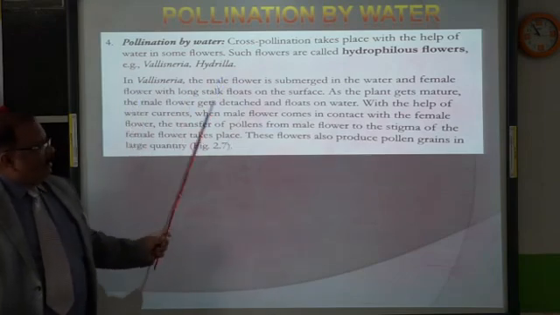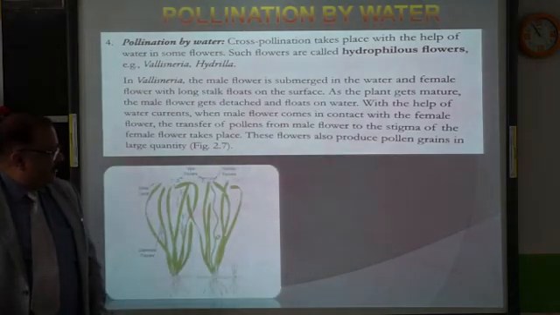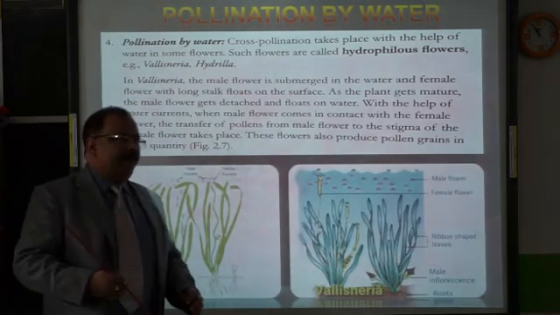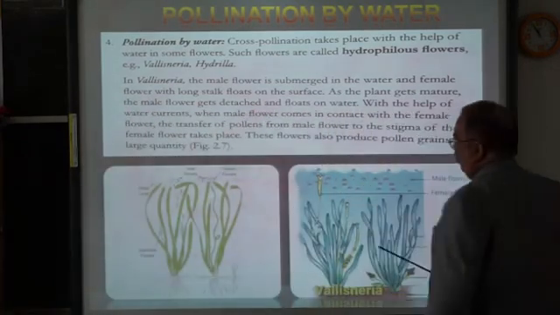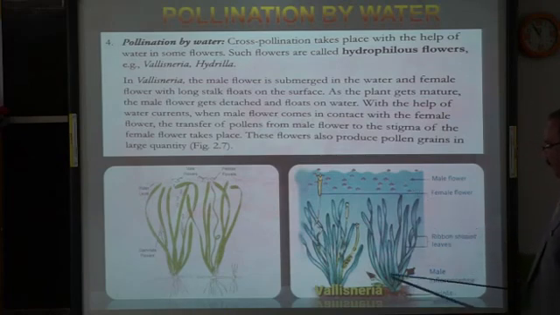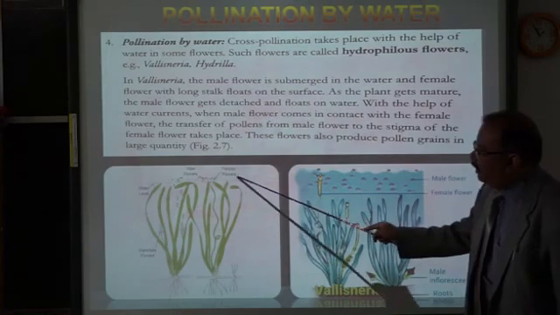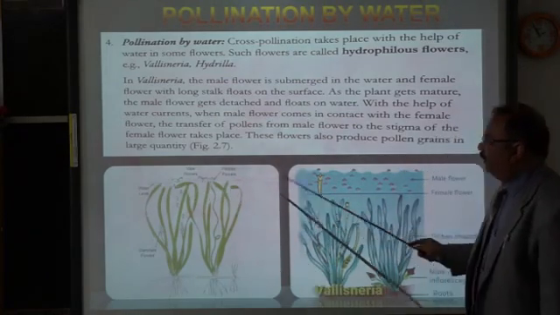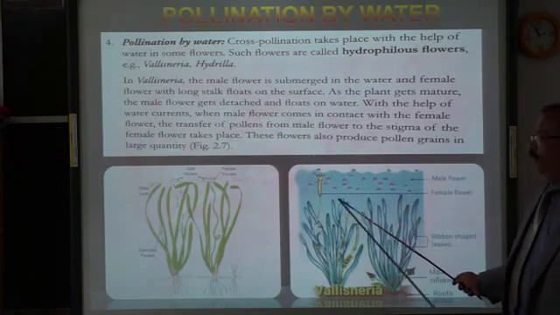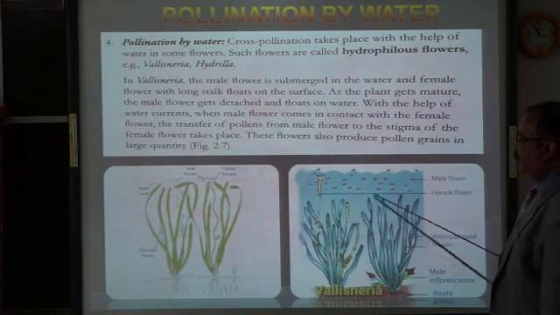In Vallisneria, now look here. This is the plant of Vallisneria, the aquatic plant. So you can see the ribbon-like leaves are there, okay? And the red ones which you see here, these are the flowers. Here it's not that clear, but the male flowers are there which are floating on the surface of water.